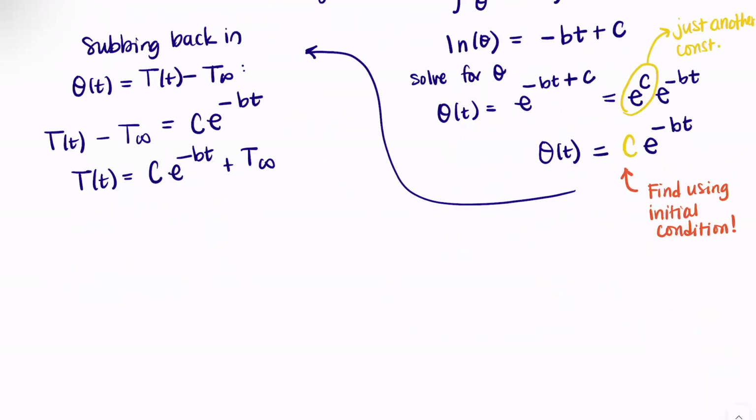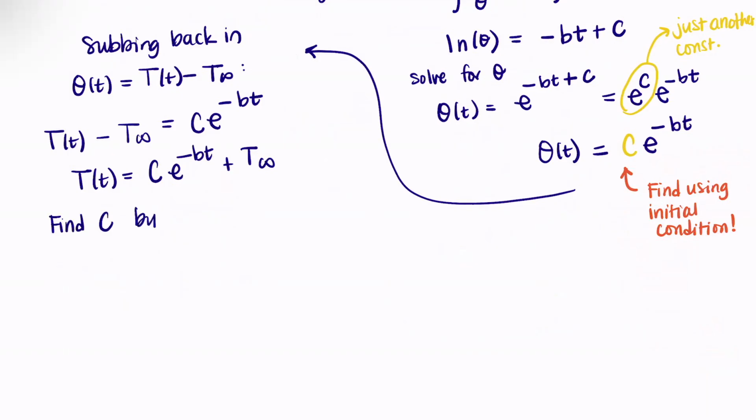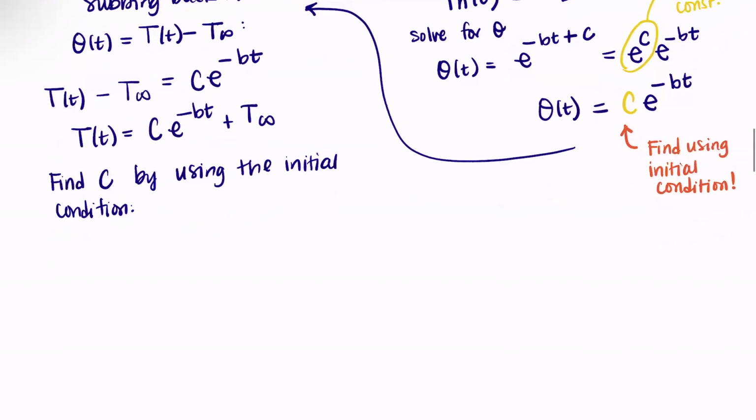Okay, so let's solve for the initial condition. We're going to find C by using the initial condition, which is T equals Ti at t equals 0.